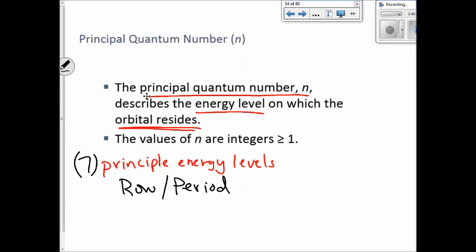So we use our periodic table to figure out our principal energy levels. For principal energy level n, you just go with the row that you're in to figure out its particular quantum number.